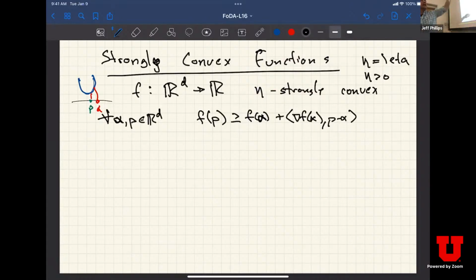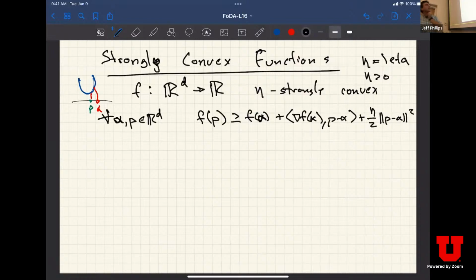There's some scale in there as well, so it's not exactly the directional derivative, but we're restricting to the direction that has P and alpha in it, and looking at the gradient in that direction. And this holds for all alpha and P, and there's another term, eta has to show up here: eta divided by 2 times the norm of P minus alpha squared. So what is that doing there?